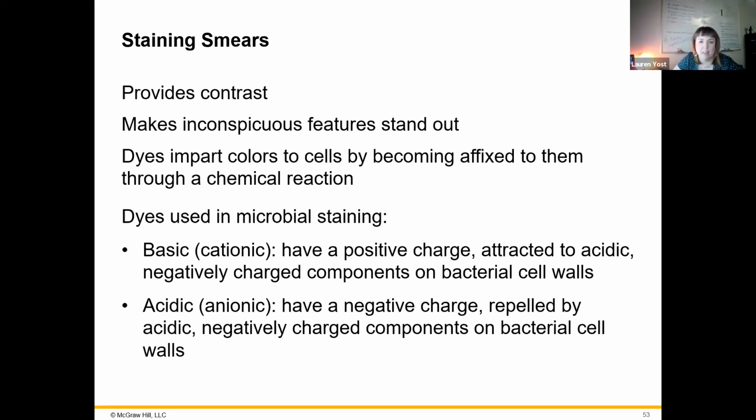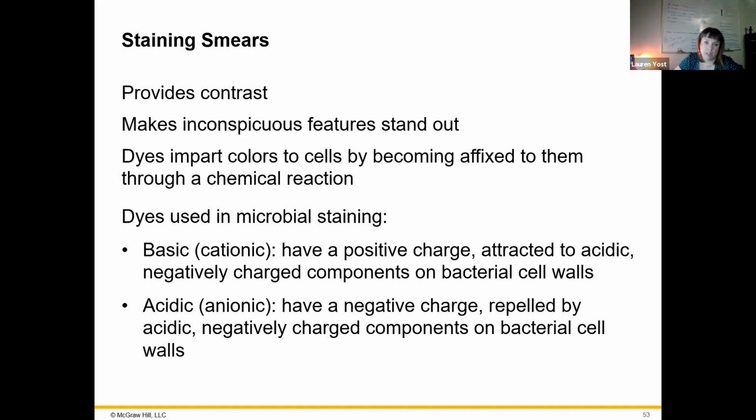Basic and acidic. The basic ones, or cationic ones, have a positive charge. They're going to be attracted to the negative cell walls. Now remember, those cell walls have phospholipids, and the phosphate group is on the outside, so it's negatively charged. So the basic stains will want to stick to the cells themselves.